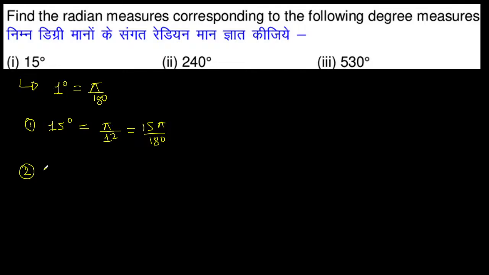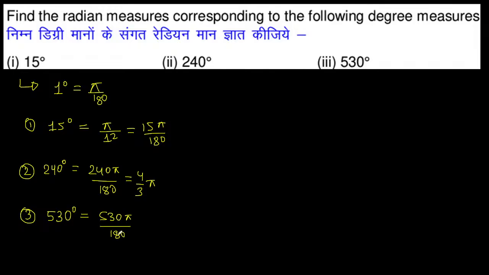Second, 240 degrees is equal to 240 into pi by 180, which is 4 by 3 pi. Third, 530 degrees, 530 into pi by 180, which is 53 pi by 18.